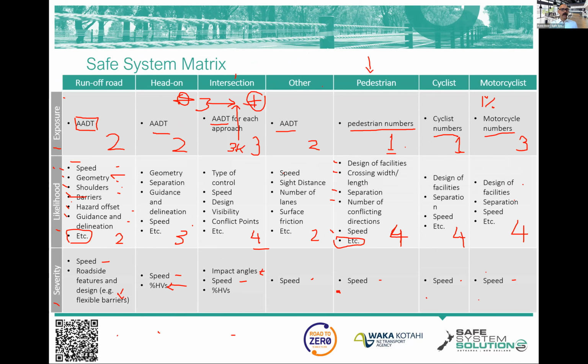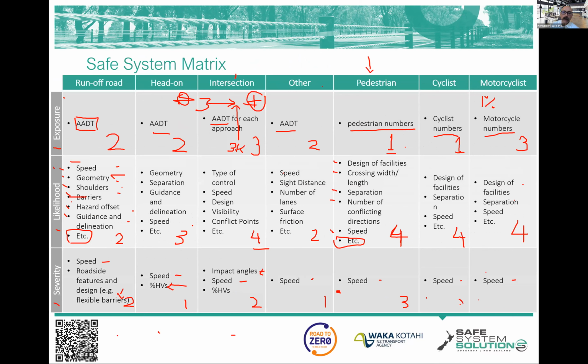So you maybe add a 2 here, and head-on goes to a 1 because you can take more force in a head-on than a run-off road. An intersection might be a 2, other might be a 1 because side swipes you can do at quite high speed. And pedestrians, well, they might be a 3.